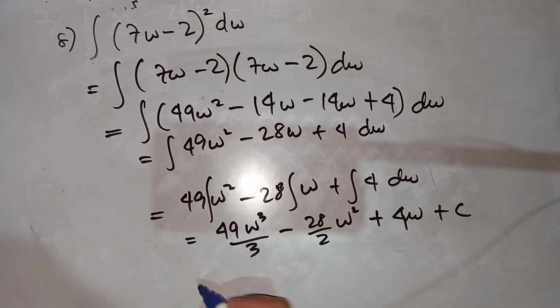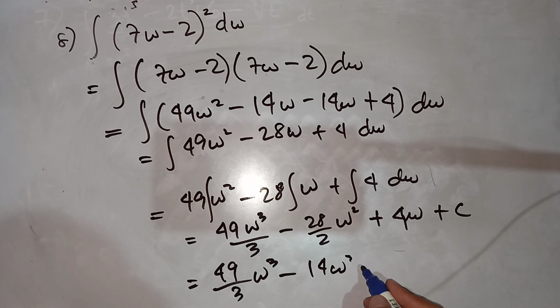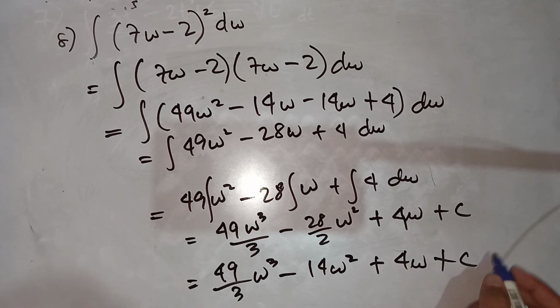This becomes 49 over 3 w cubed minus 14 w squared plus 4w plus c.